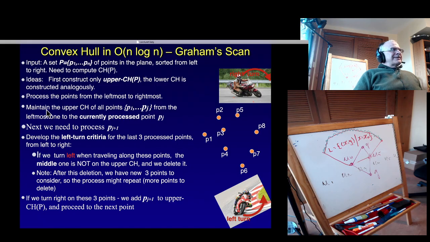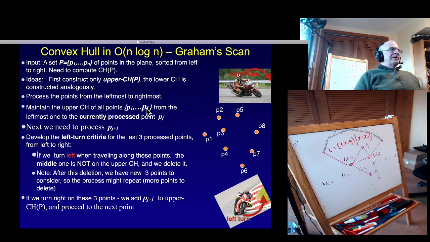This is a really cool algorithm to my taste, and that's how it goes. I'm going to maintain the upper convex hull, but not of all the points, only the points P1, P2, P3, not all the way up to Pn, the rightmost one, P8 in this case. I'll only go up to Pj.